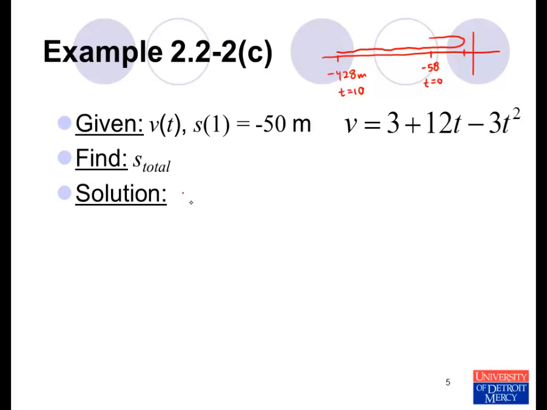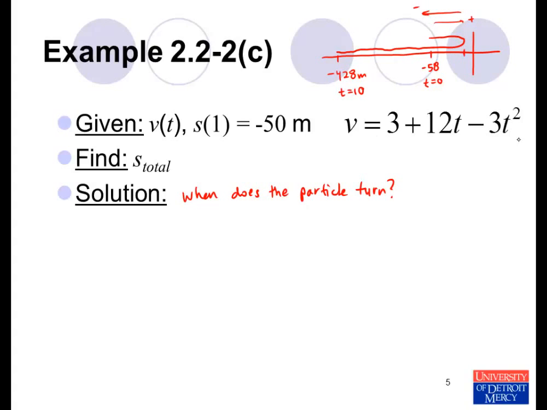So when does the particle turn? The particle turns when the velocity changes sign. When the velocity is positive, we're moving to the right. And then when the velocity is negative, we're moving to the left.